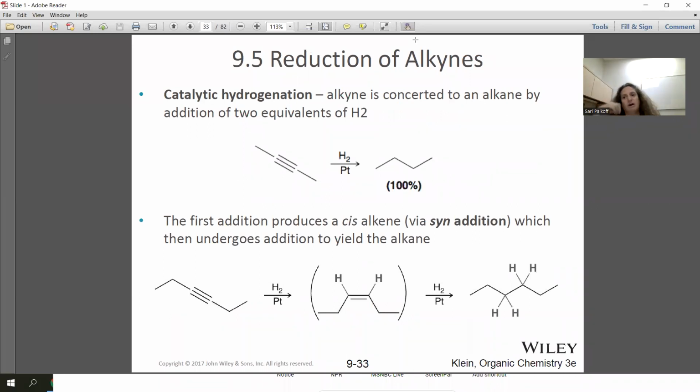So now we're going to talk about hydrogenating alkynes. They call it the reduction because, as organic students, I'm going to give you a little definition.